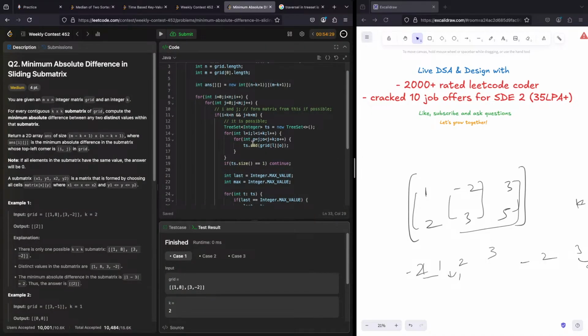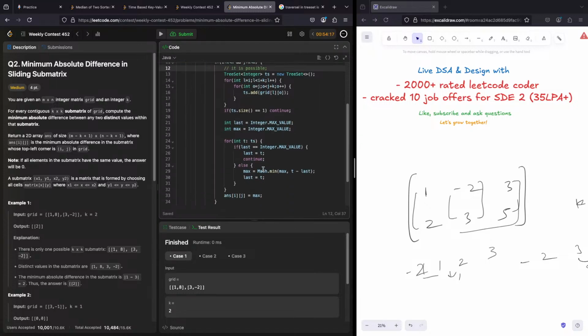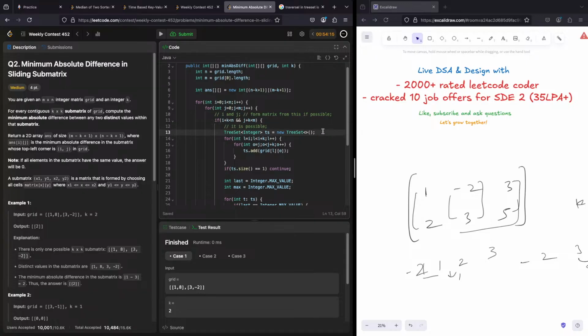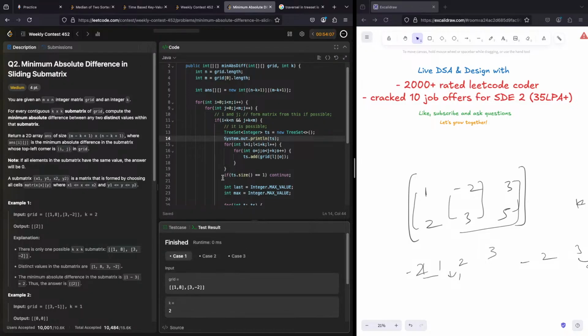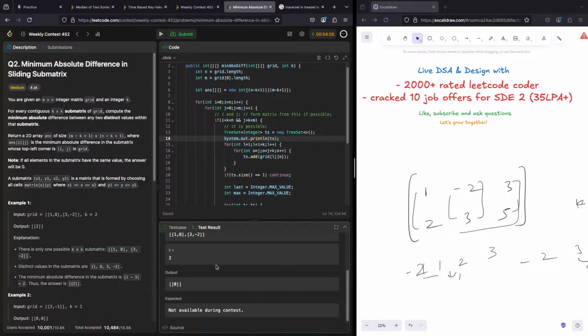Okay, then I'll do the debugging of this one. This is a bad problem, but still, it is not picking up this thing. So let's see what is coming in this System.out.println. Do I need to do ts.toString? We will come to know.